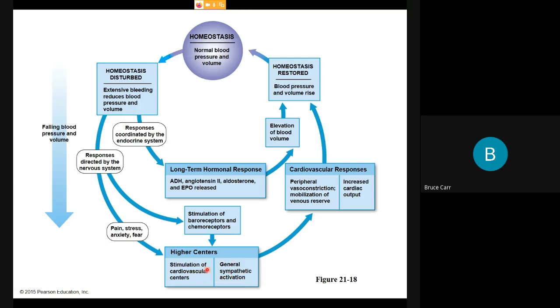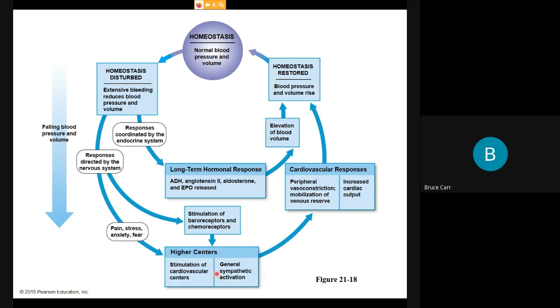The cardiovascular centers are going to respond to this pain, anxiety, and fear. The nervous system is also going to be transmitting sensory information from baroreceptors from our dropping pressure, and chemoreceptors from decreases in oxygen and increases in CO2 that are occurring in all tissues.